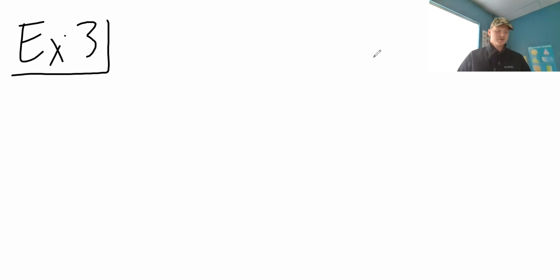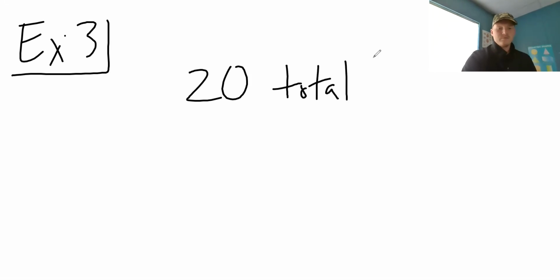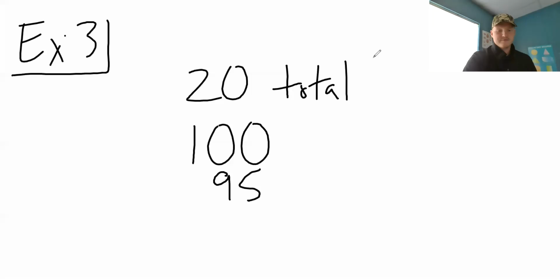So Robert took 20 math tests. Wow, 20 math tests. I'm sorry, Robert. On five tests, he scored 100, so 20 total. He scored 100 on one of them. Good job, Robert. On 4 tests, he scored 95.